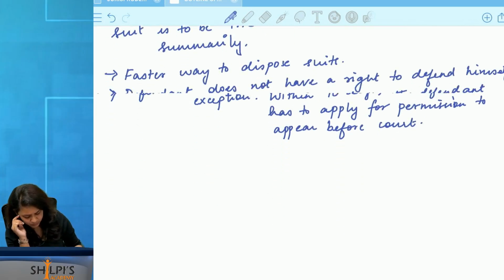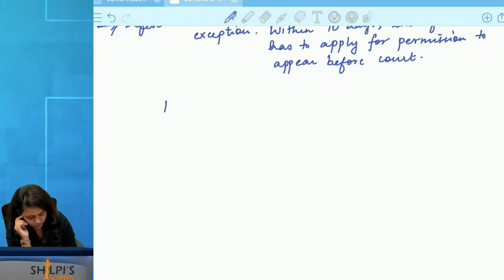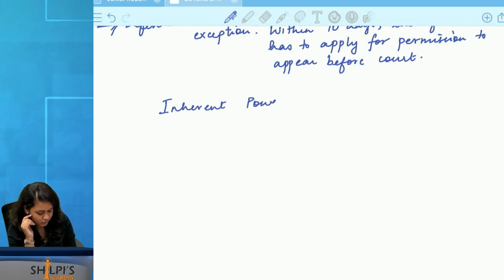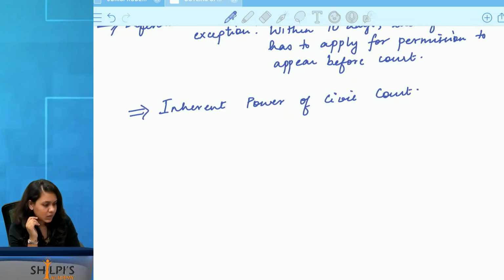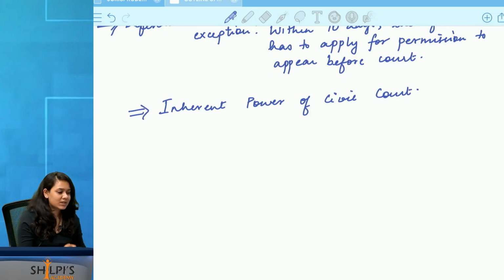And the last one is what I told you as the inherent power of civil court. It's like an emergency power. The code provides for a very extensive list of procedures to be followed while carrying out anything in a court of law.